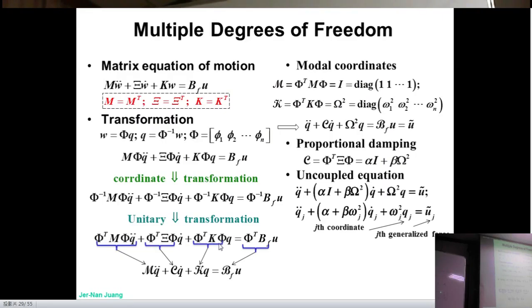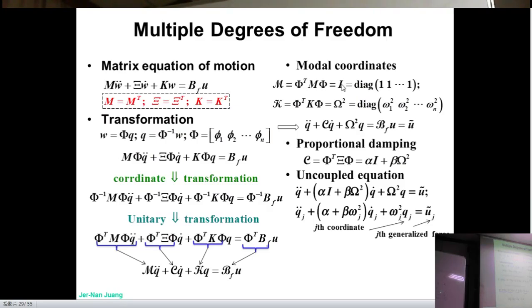All right. Now let us look at some property here. Assume we can find a phi such that phi transpose M times phi equal to I, equal to an identity matrix. All right.